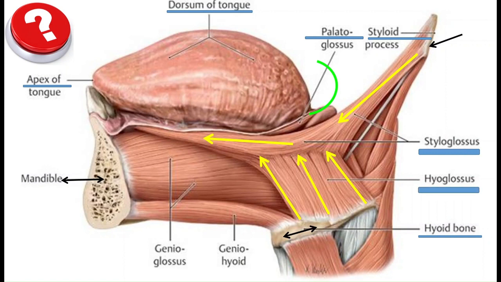From the direction of the muscle fibers you can see that it is going to pull the tongue down and posteriorly. Then this muscle here, indicated by the yellow arrows, this is the genioglossus.